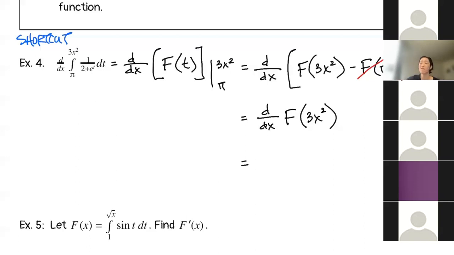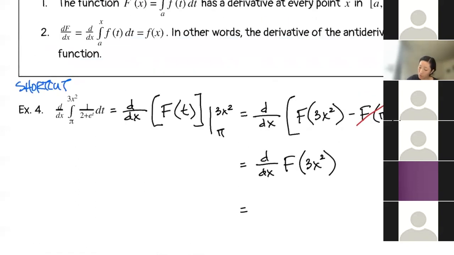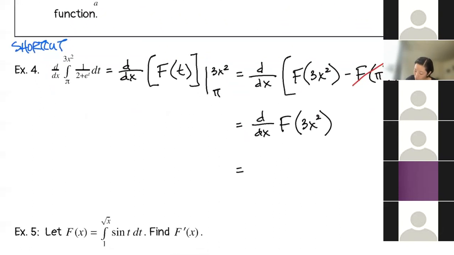The original function, but with 3x squared plugged in. I would agree. This is where we're using that second part where the derivative of the integral gives us the original function. Okay. And so when we write that out, we'll get 1 over 2 plus e, not to the t, but the 3x squared.